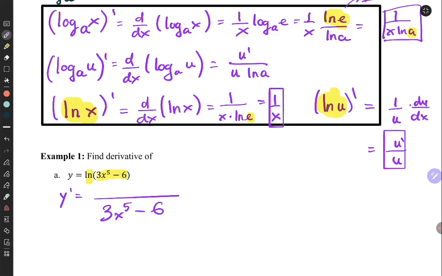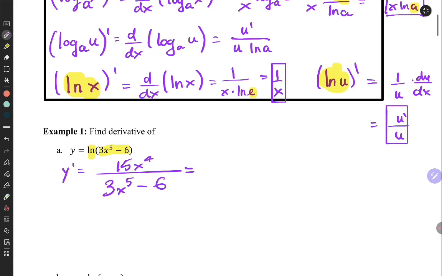U prime of this one will be 15x to the 4 minus 0. Some of you got this correctly, but if you want to simplify it further, the 15 and the 6 are all multiples of 3. So 5, x to the 4, 1, and 2. That's how it goes.